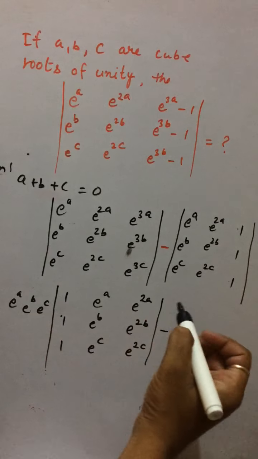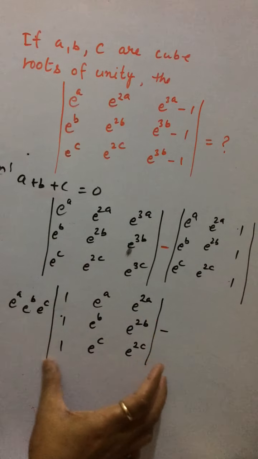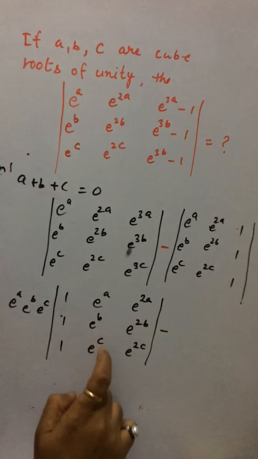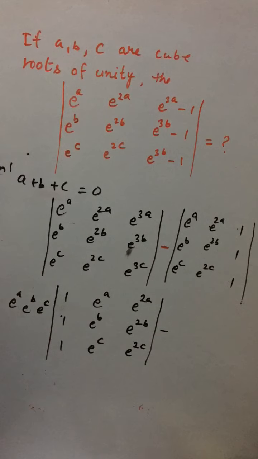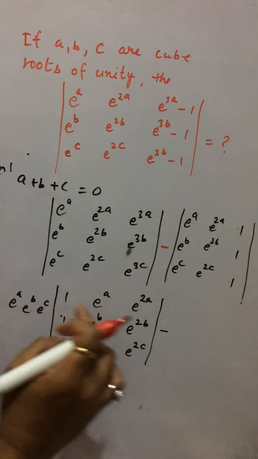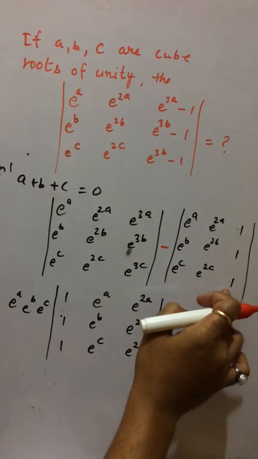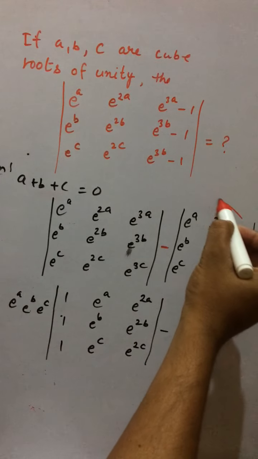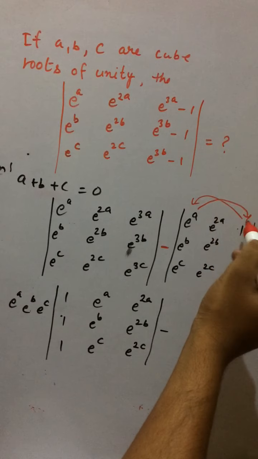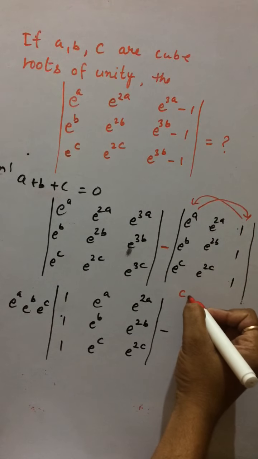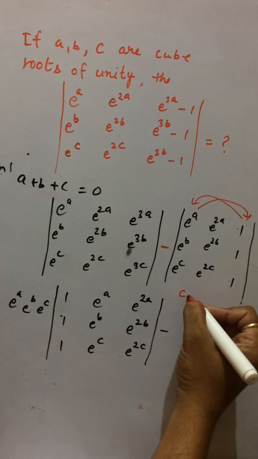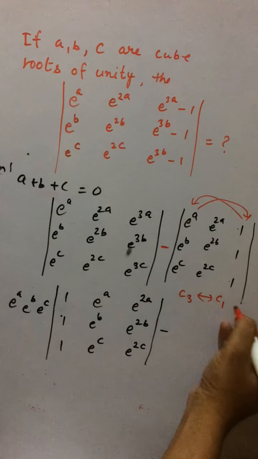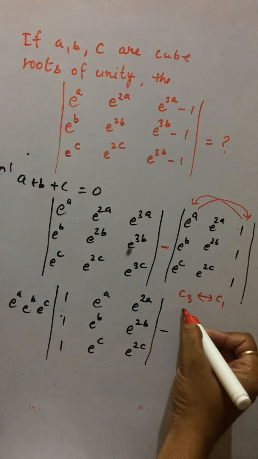Here you have to make this determinant similar to this determinant. So what would you do? At the first column you need to place this, so you can interchange these two columns, like you can apply C3 interchange C1, and vice versa.